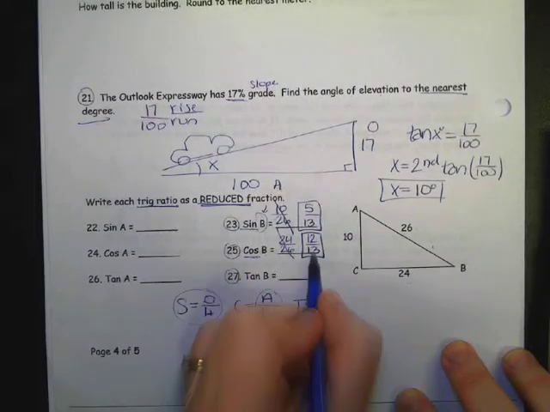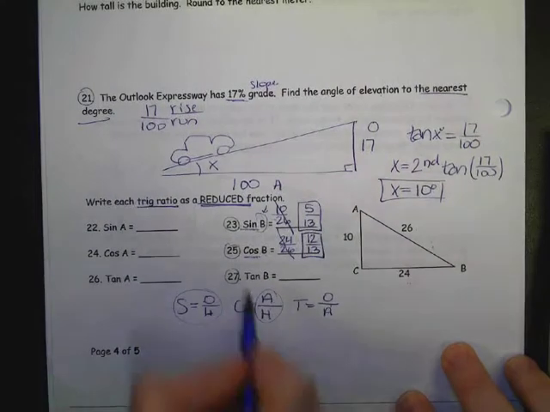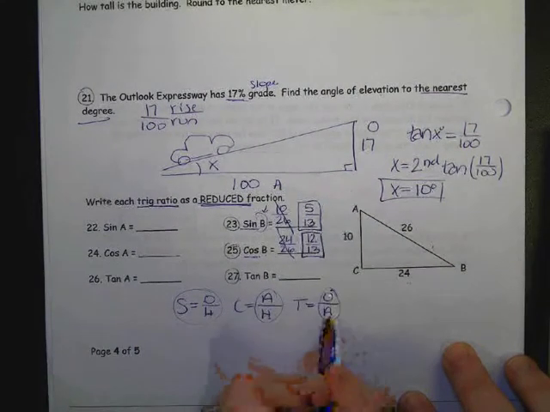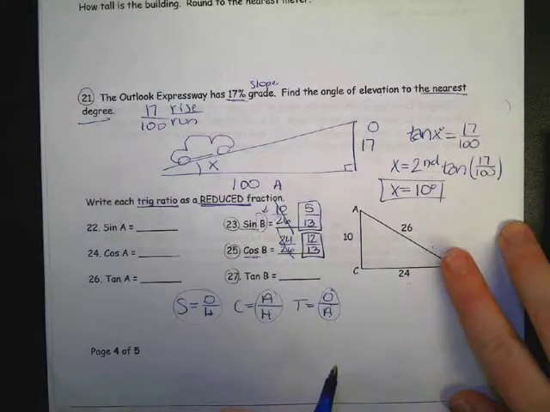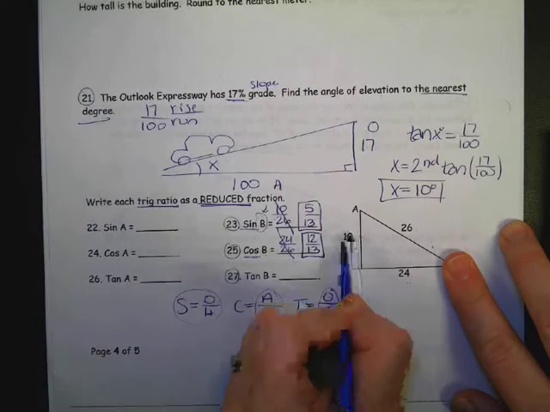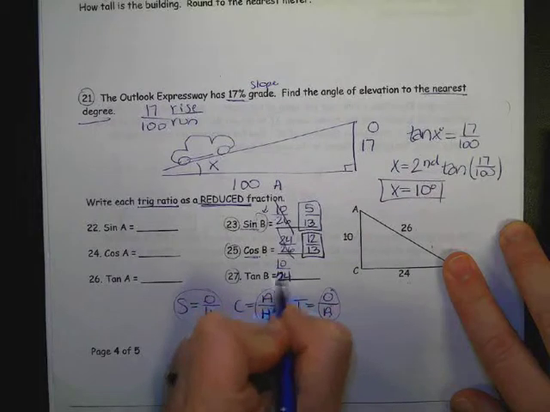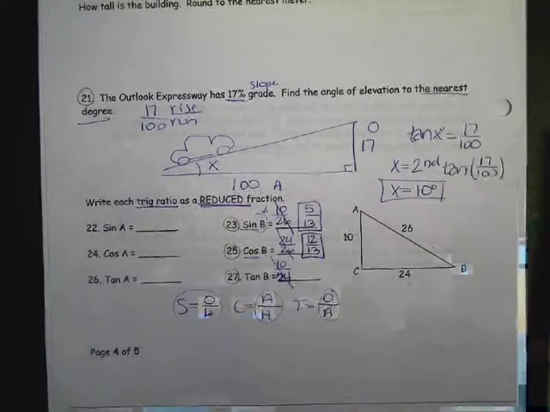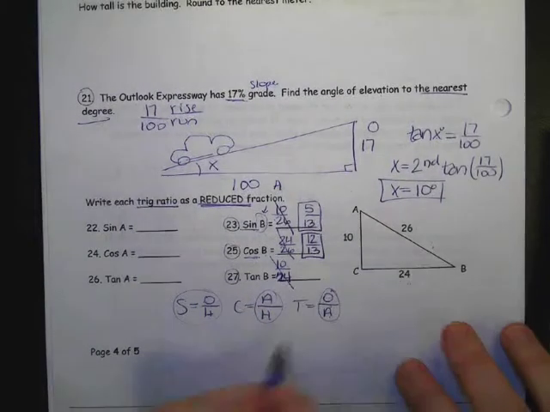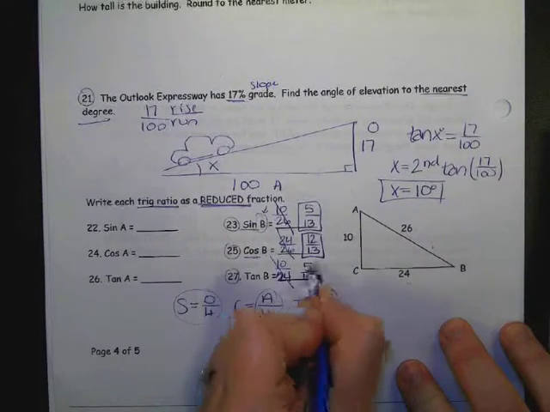So the reduced version is our answer. Number 27 is tangent of B. So now we want O over A from B. So I'm going to cover B up. Opposite of B is 10. Adjacent is 24. So 10 over 24 can be reduced. 10 divided by 24 reduced is going to actually come out to 5 over 12.